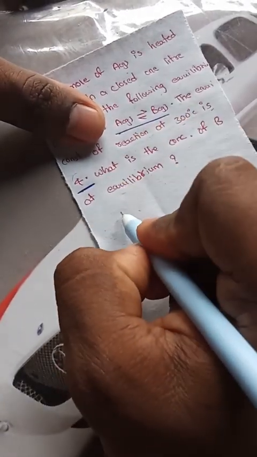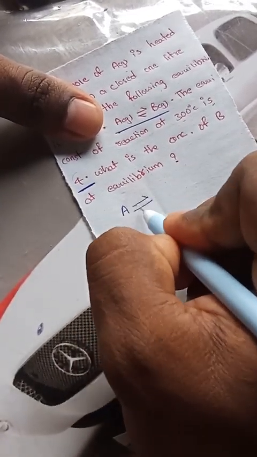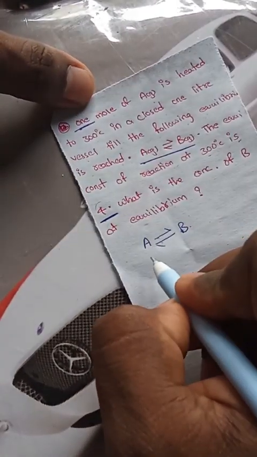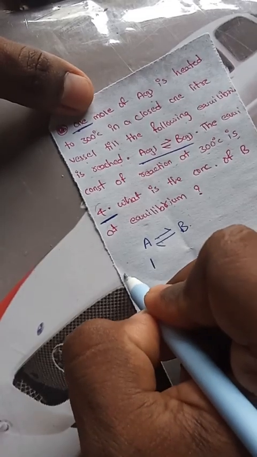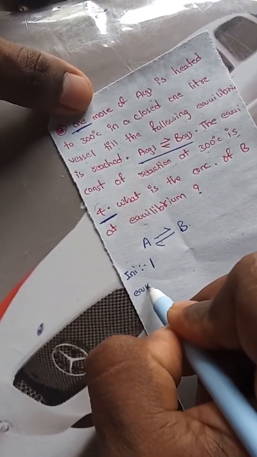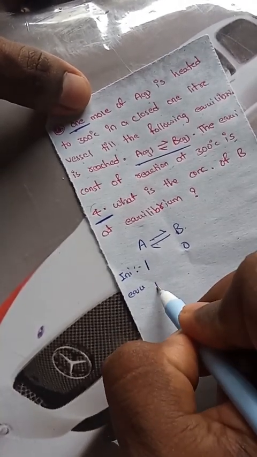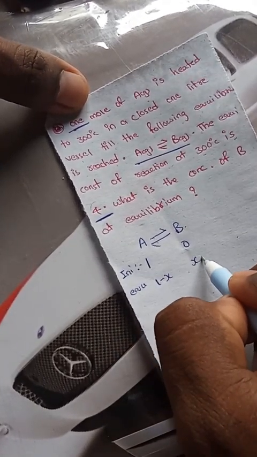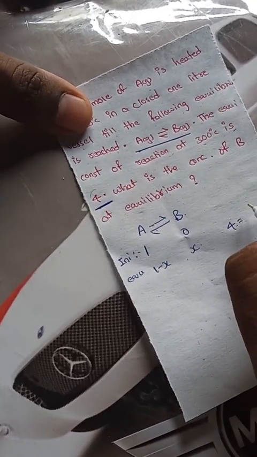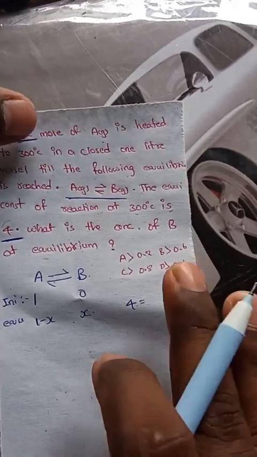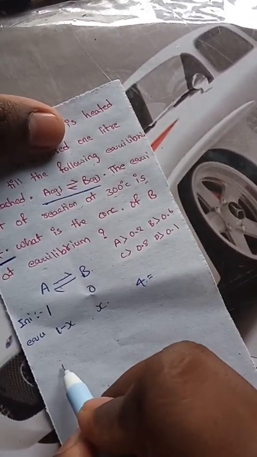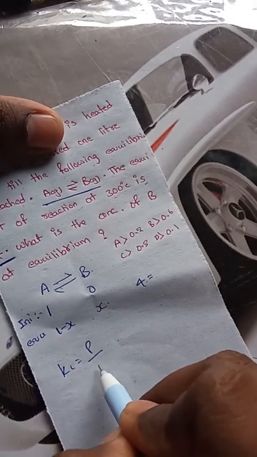Okay, let's write the equation. Initially 1 mole of A is taken, so 1 initial, and B is 0 initial, right? At equilibrium it is 1 minus x, and here x. The Kc value is given for us, so it's 4. And as you know, Kc is product by reactant, right?